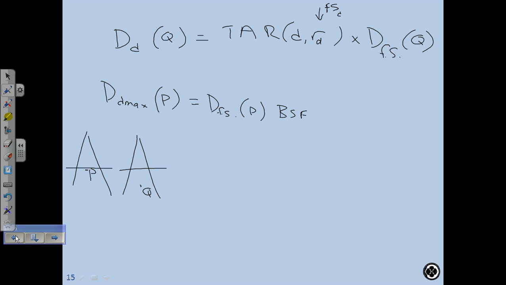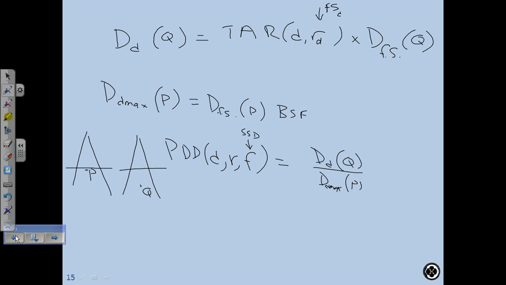Then the PDD at a depth for a certain field size, and this field size, by the way, is at the surface, times F, and their F is really SSD, is equal to the dose at depth D for point Q divided by the dose at D max for point P. So that's just the definition of PDD.